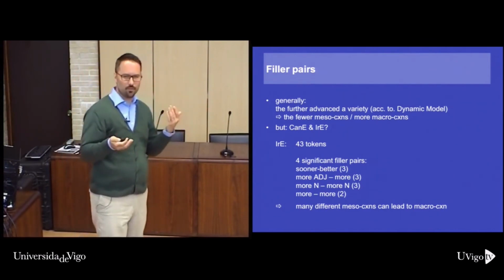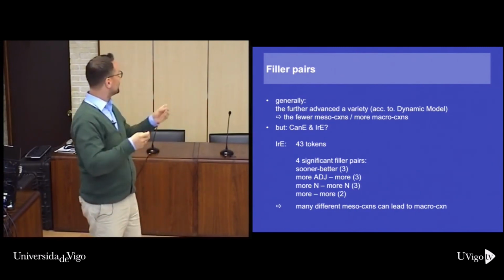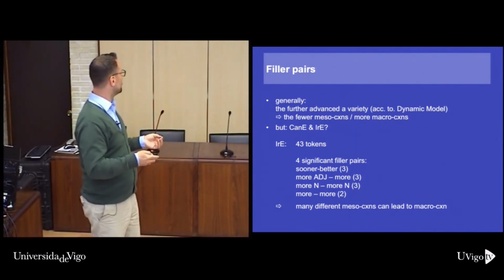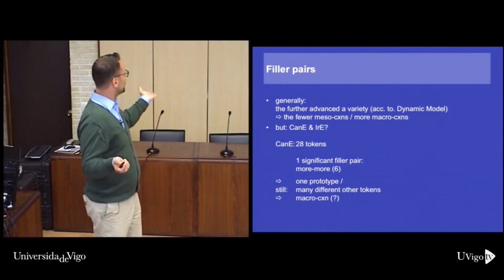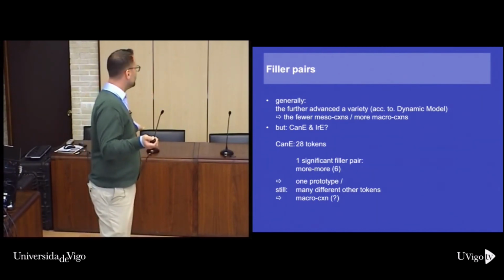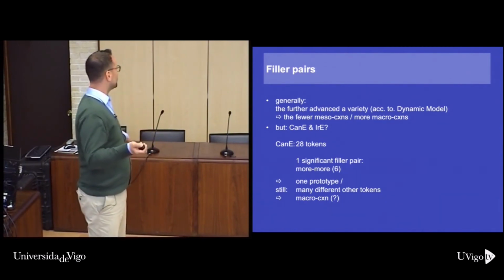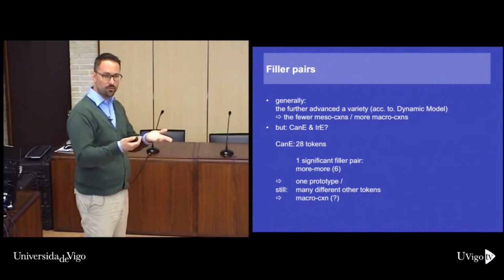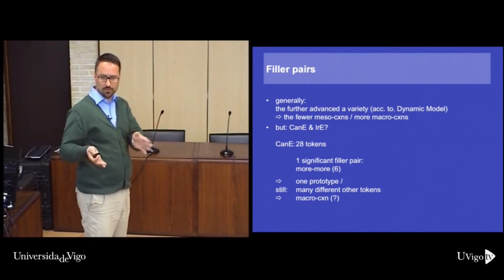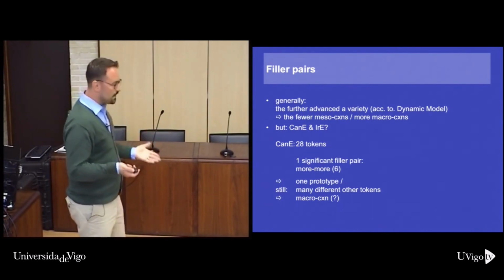Whereas for many of the level 3 varieties, we've only had a greater number, but with a smaller frequency of mesoconstructions. On the other hand, Canadian English, 28 tokens, there was really one prototype, the more, and many different other tokens. So there we seem to have a case of an abstract construction that is deeply entrenched, because you get many tokens that are not significantly associated, plus one prototype. So not a clear-cut result.